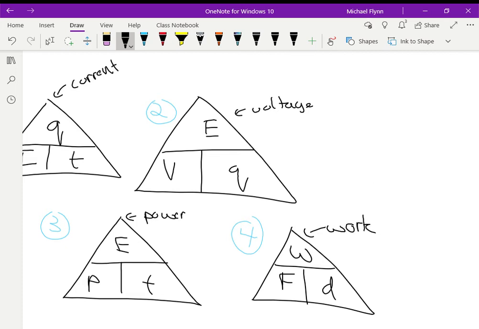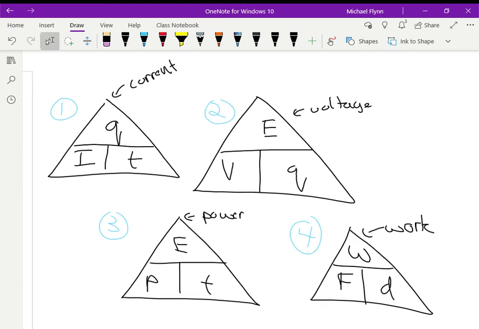Unless you're Kate, you do not have to memorize these triangles. They'll always be given to you. You just have to know how and when to use them when you're answering a question.